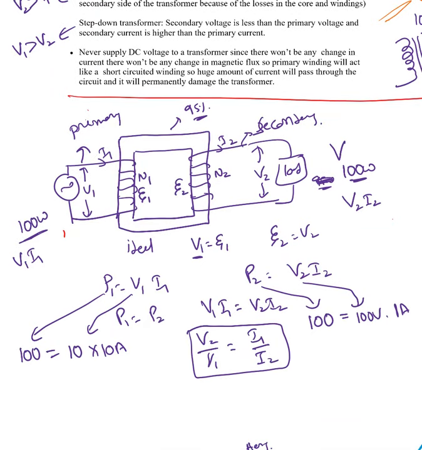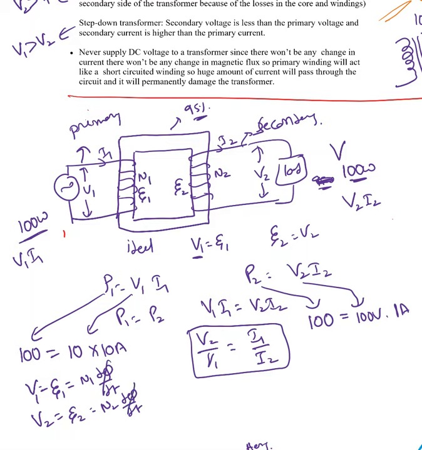And another thing is we're going to find the relation between N1 and N2. So V1 equal to E1 equal to N1 times d phi by dt, the rate of change of magnetic field. So V1 is proportional to N1, and same way V2 equal to E2 equal to N2 times d phi by dt.